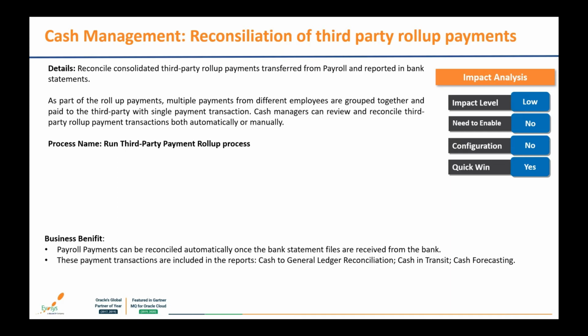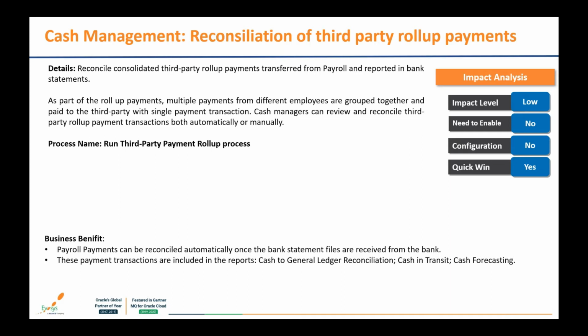In payroll payments, any payments made to third parties, for example HMRC or pension payments, anything paid to third-party organizations on behalf of the employees, before 21A, Oracle does not roll up all these payments, and the cash manager had to manually reconcile them.